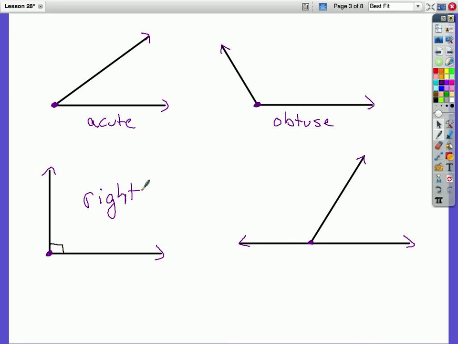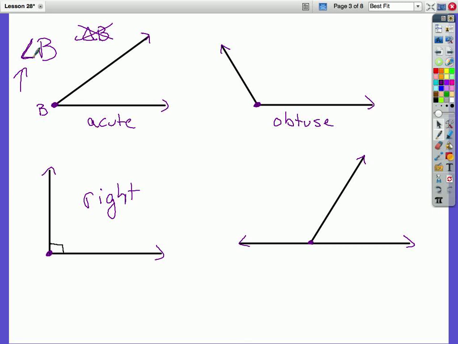Some ways to name angles. If I just have a vertex labeled, like in the top left there on the acute angle, I can just name it angle B. Okay? Notice my angle sign. Some people make a triangle and think that's the angle sign. That is a triangle sign. It's not that. It's like a little goofy looking L and then your letter.